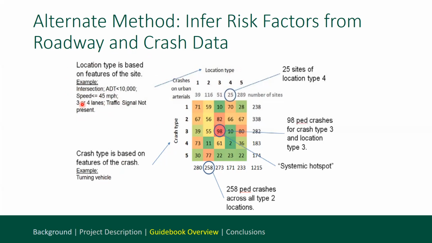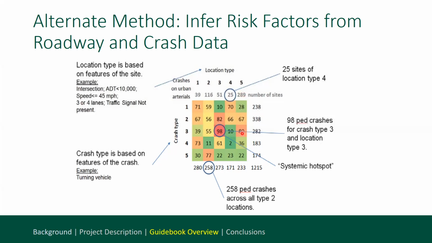So I'm going to start to see, okay, 98 pedestrian crashes for crash type 3 and location type 3. So I'm going to start to say, okay, this is going to be my focus area now. So I'm going to try to see how I can treat turning vehicle type crashes at this type of location. And if I'm looking for more risk factors, I might want to look at where I had 80 crashes, I had 289 sites, and crash type was 3.